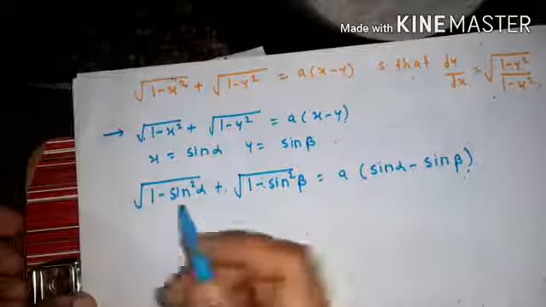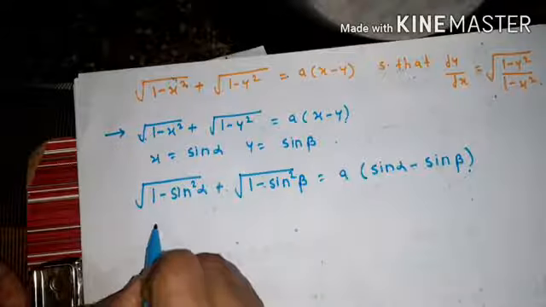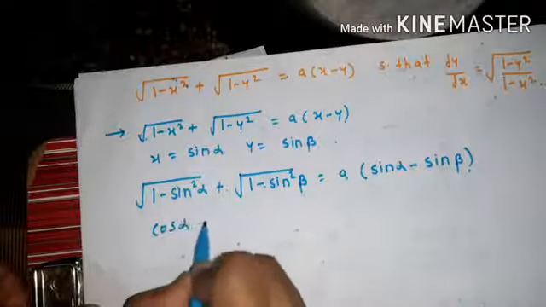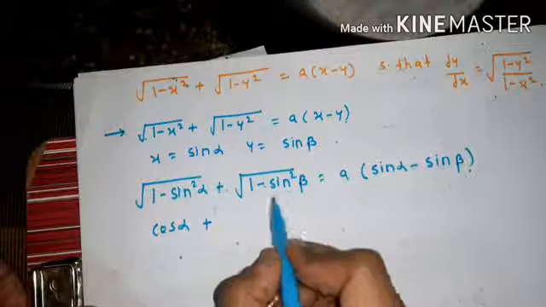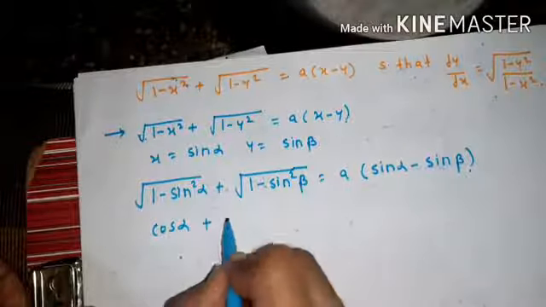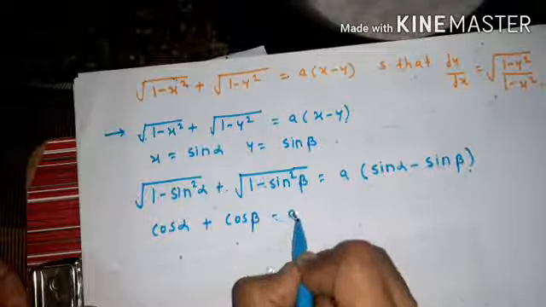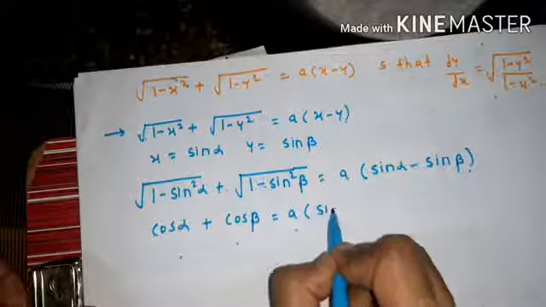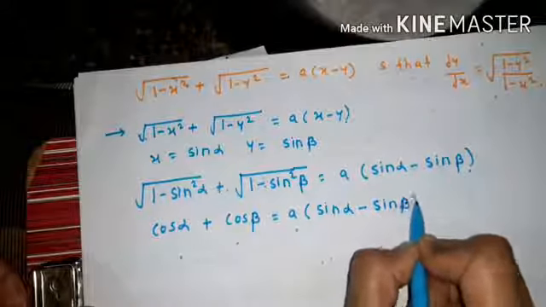Here 1 minus sin square alpha is cos square alpha, and the square root of cos square alpha is cos alpha. Similarly, 1 minus sin square beta is cos square beta, and its square root is cos beta. And this equals a into sin alpha minus sin beta.